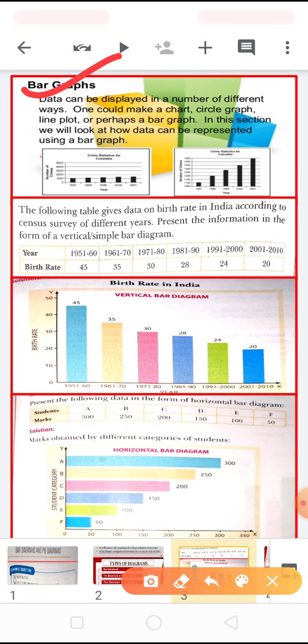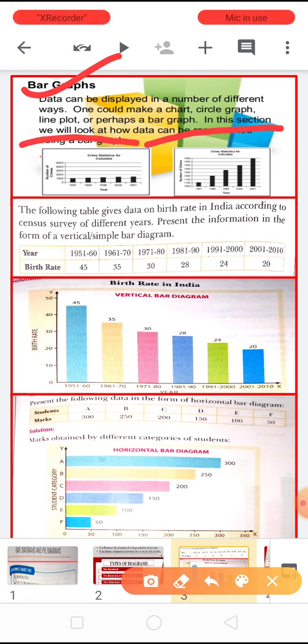In this section, children, we will look at how the data are being presented using a bar diagram. Children, when the data are being presented in the form of bars or in the form of rectangles, then it is known as the bar diagram. Now how could we represent the complex data in the bar diagrams? We have one question in front of you.